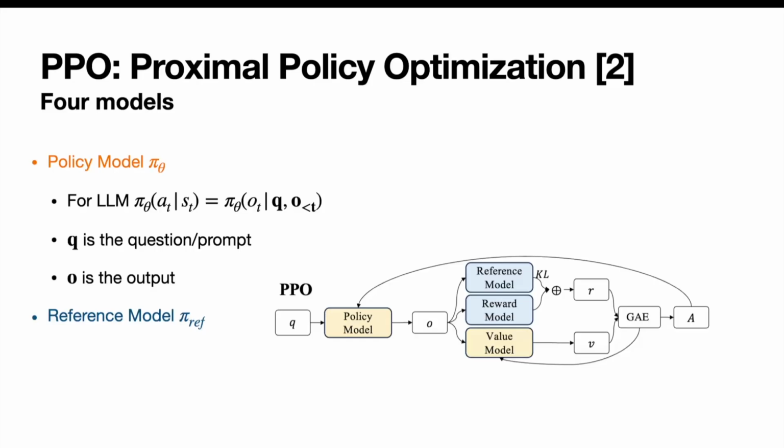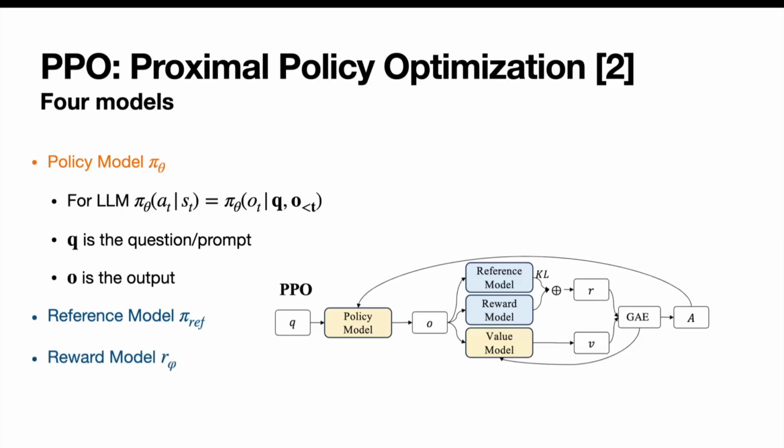The second one is the reference model. This is usually a frozen copy of the model before RL training. It anchors the policy to what it learned during SFT, preventing it from drifting too far and losing its general capabilities.